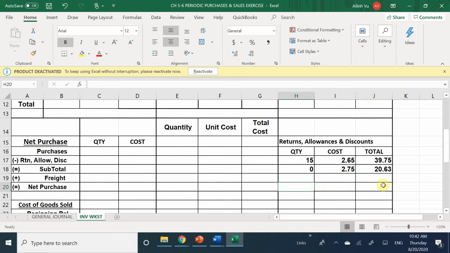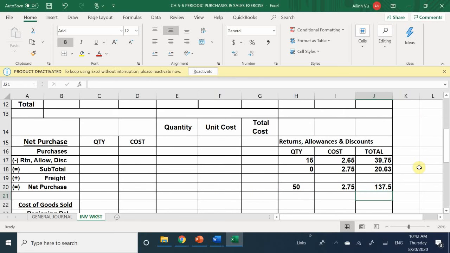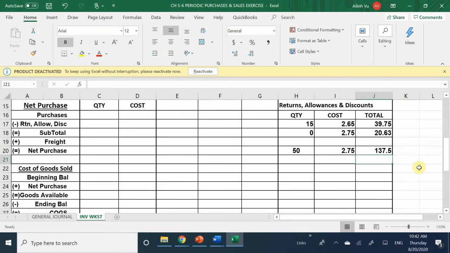So I'm going to do the calculation here. 50 mugs at $2.75. How much is that? Hold on. 50 times 2.75 is 137.50. Correct, right? And because we're only getting back 15%, we need to calculate this amount here, multiply it by our 15%.